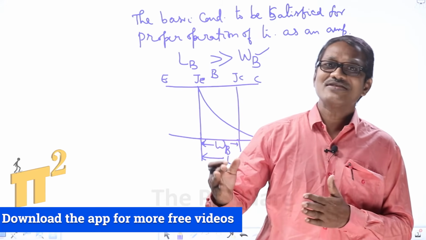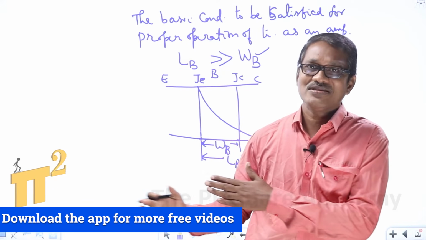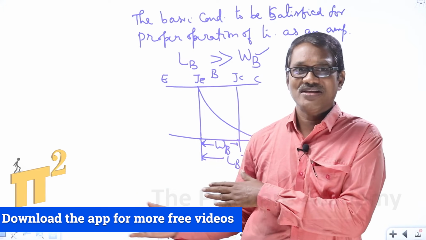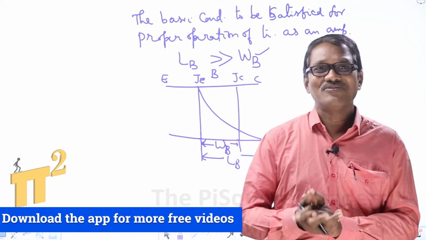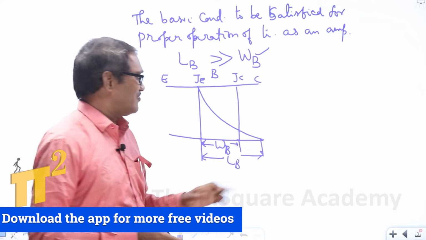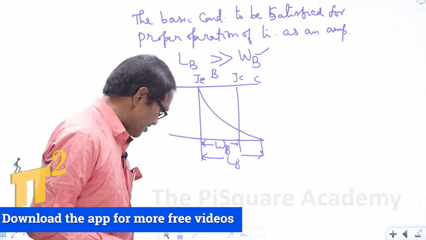It transfers the signal from a low resistance path to a high resistance path, that means from emitter to collector region. Have you understood this? Then only it functions as an amplifier. Otherwise, it won't function as an amplifier. In order to use it as an amplifier, this condition must be satisfied. Have you understood this, right?